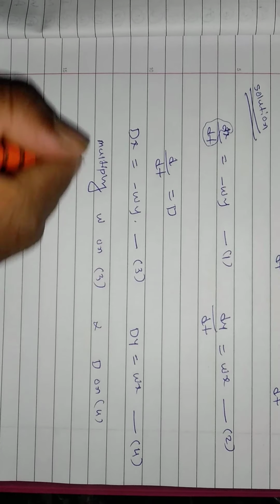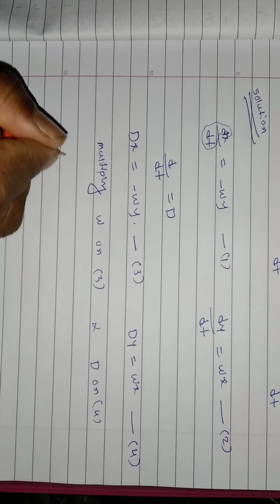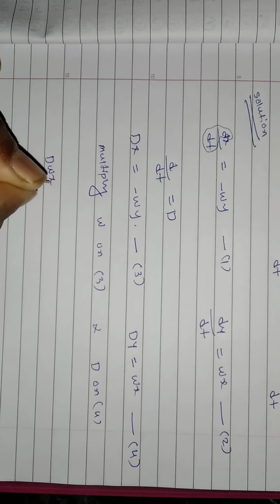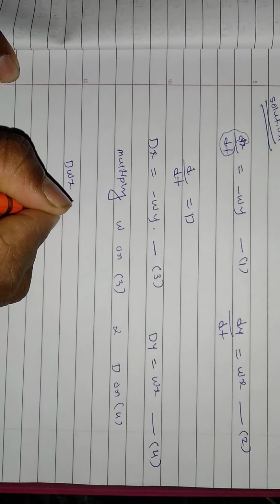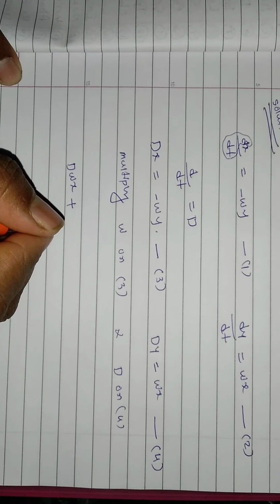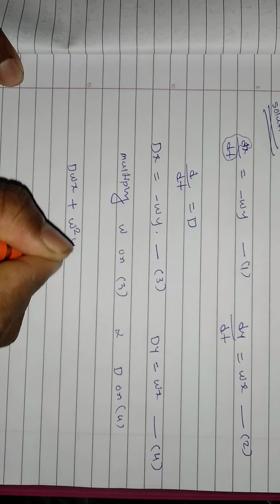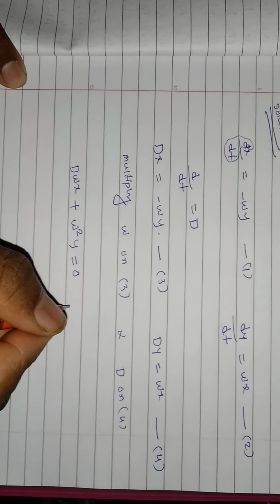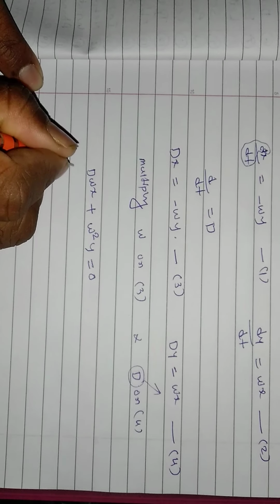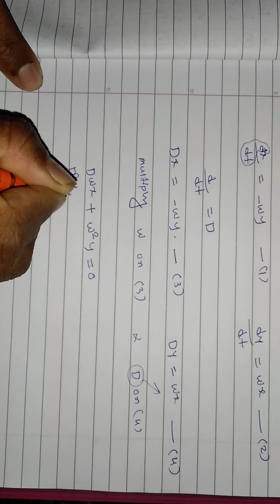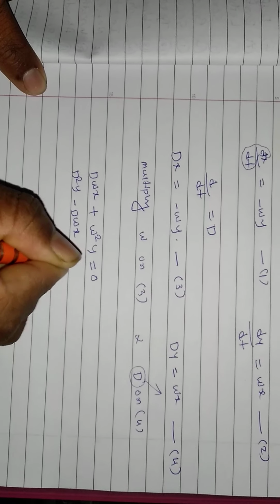After multiplication I will be getting, the first thing is Dwx plus, after multiplying, minus w square y; but if I take it to the left hand side it will become plus w square y, which will be equal to 0. This is the first equation, and now if I multiply D on the other equation, I will be getting D square y minus Dwx equal to 0.